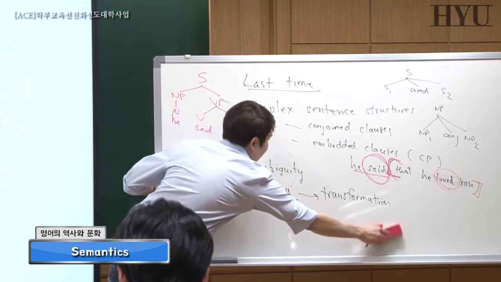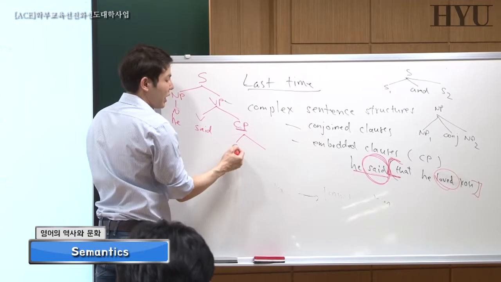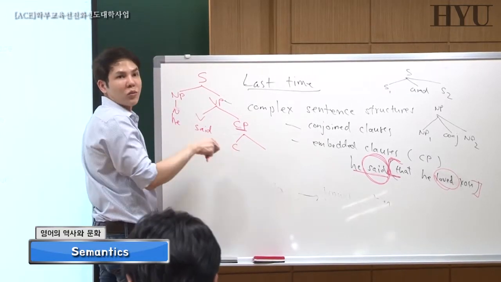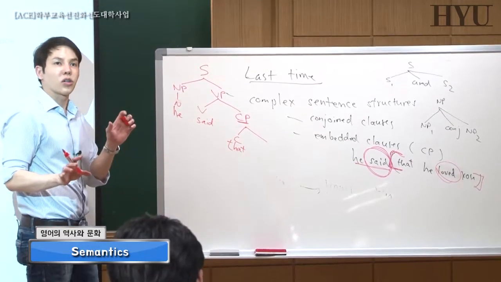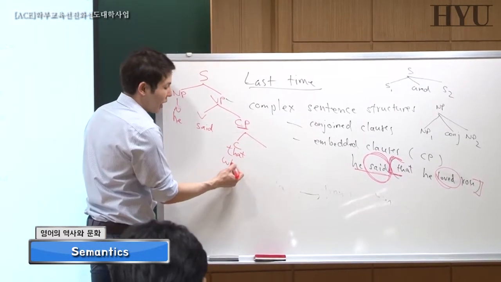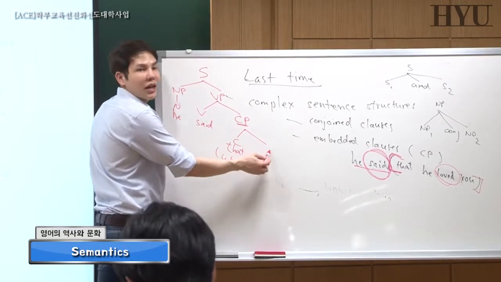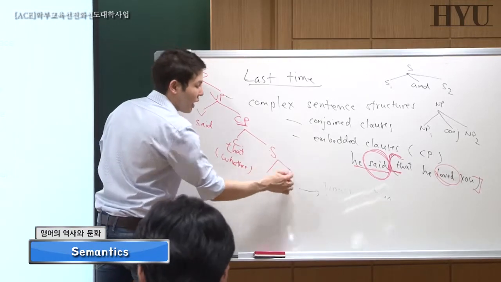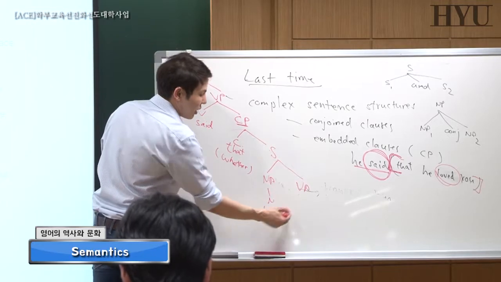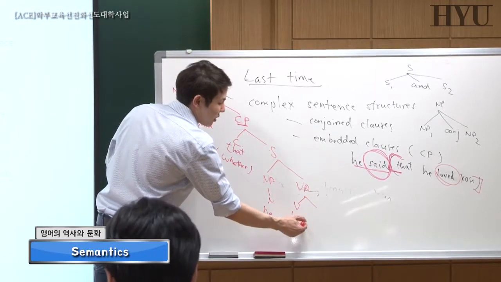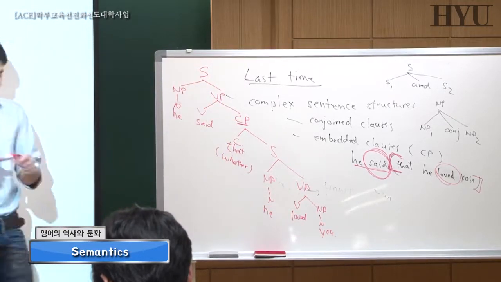A smaller clause consisting of C, which is a complementizer, words that you use to join 2 clauses together, right? That or whether or something like that, okay? And other words. And then to the other side you have S, right? And then that S consists of NP and VP. So this is he, and then V, loved, and then NP, you, like that. So that's what we studied last time.